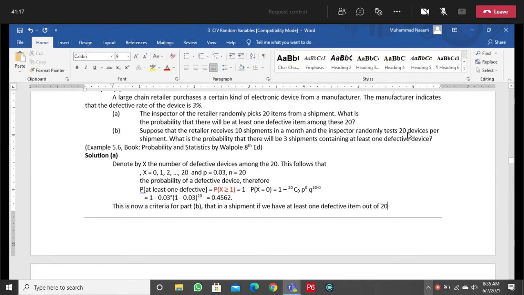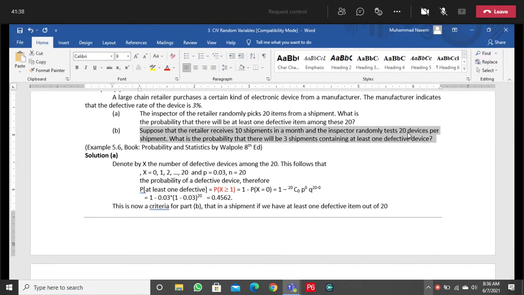From each shipment, we will draw a sample of 20. If it is containing at least one defective, the shipment will be rejected. This is the criteria. Look at the statement of part B.